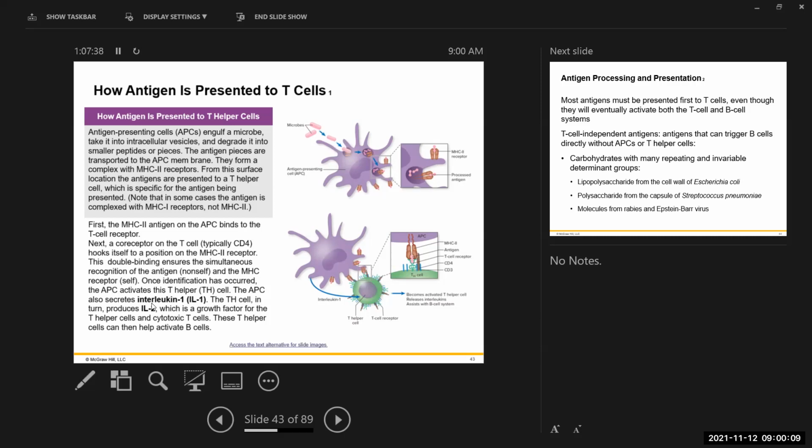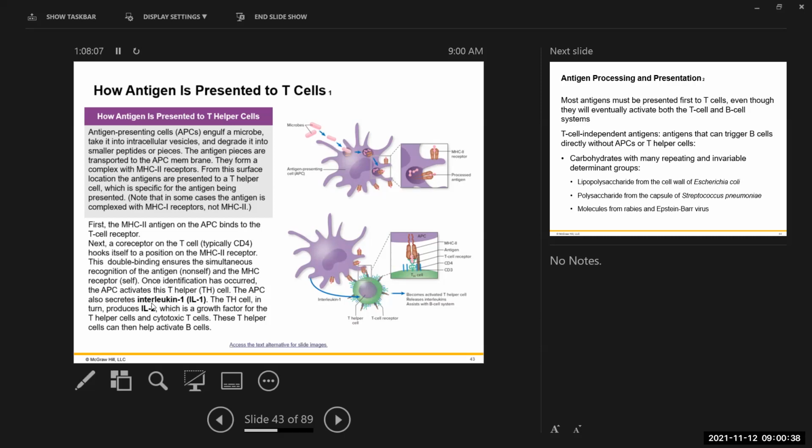And then the CD4 molecule also needs to be in contact with the MHC class 2. You must have both of those contacts. When you have both those contacts, you get a signal that goes into the T cell, and the T cell becomes activated and now starts to undergo clonal expansion. That's how you activate a T helper cell.